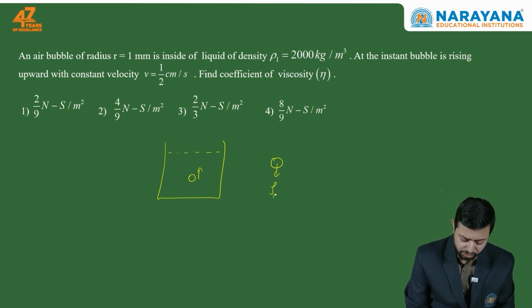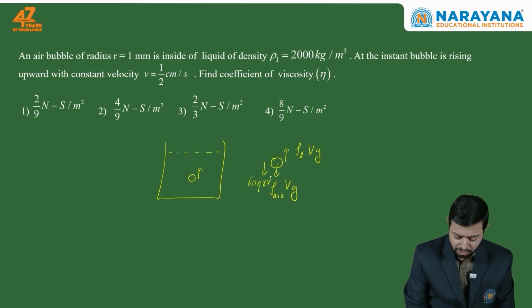So I'll write rho of air volume into g, and then we have a buoyancy force up, rho of the liquid volume g, and then since it's going up, we will have a downward viscous force 6 pi eta r v. Now since it's going with constant velocity, the forces should balance, net force should be 0.